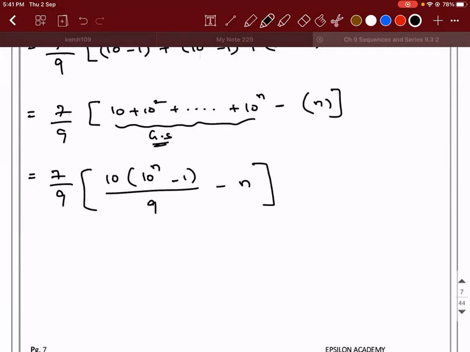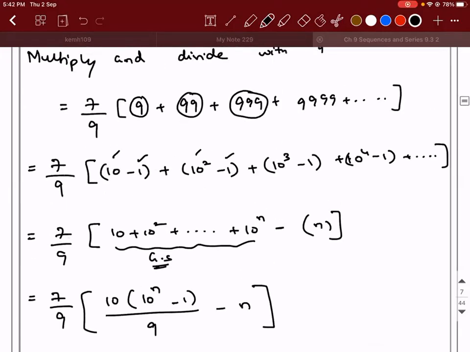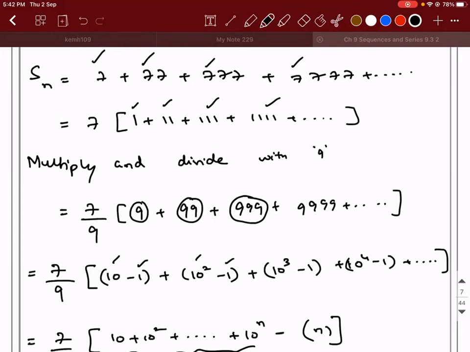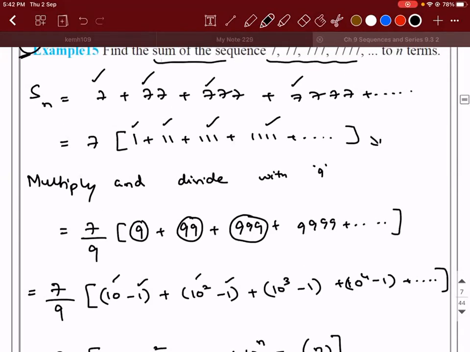Sir, I have an alternative method. Please tell me. Sir, in the first step, instead of dividing by 9, we can write it as 1 plus 10 plus 1 plus 100 plus 1 plus 1000 plus 1. Wait, I'll tell you. I understood what you're trying to say.